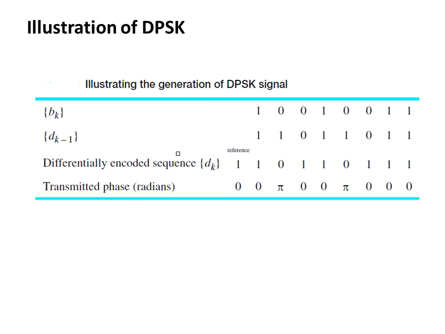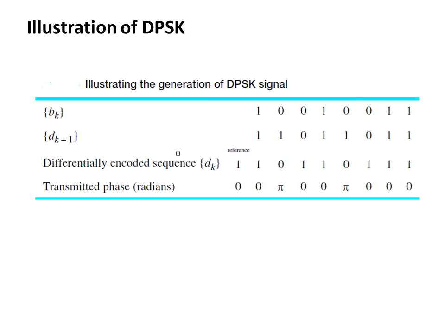Let dk denote the differentially encoded sequence, and dk minus 1 denotes its delayed version by 1 bit. The complement of the modulo 2 sum of bk and dk minus 1 defines the desired dk, as illustrated in the top 3 lines of the table.